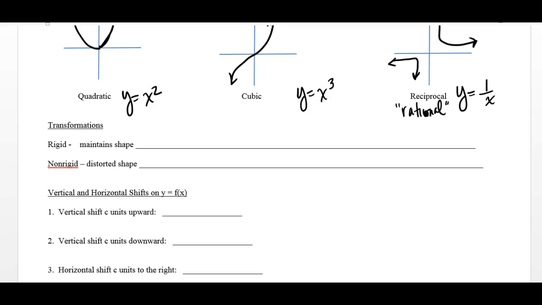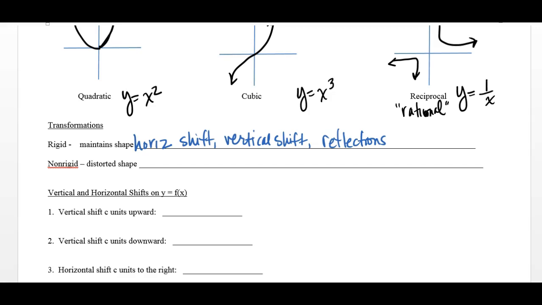So that's the key thing. So it can be a horizontal shift, a vertical shift, and reflections. All of those are considered rigid. They don't change the shape, they just move things left, right, up, down, or flipped.